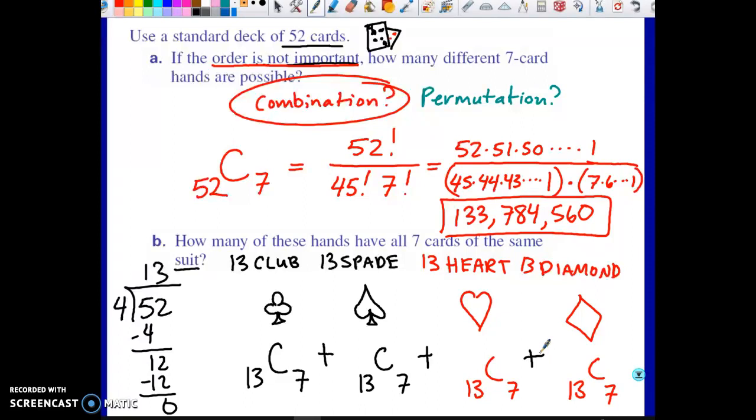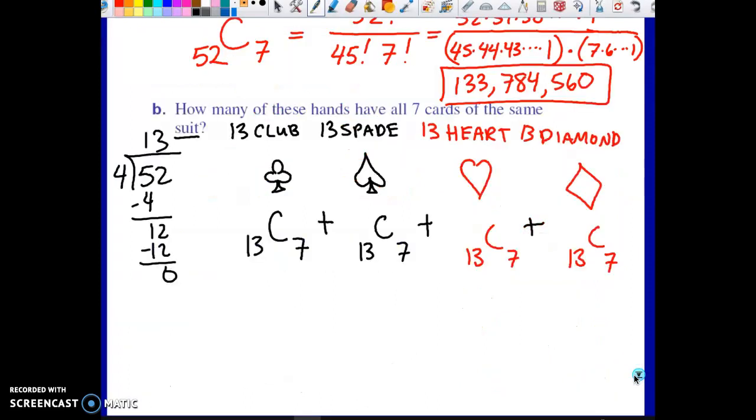There's 4 different ones. So all I have to do now is take my 13C7 and write it down as the formula: 13 factorial over 13 minus 7, which is 6 factorial, then 7 factorial here. And all of these are going to be the same. It's the same idea, but with just different suits.